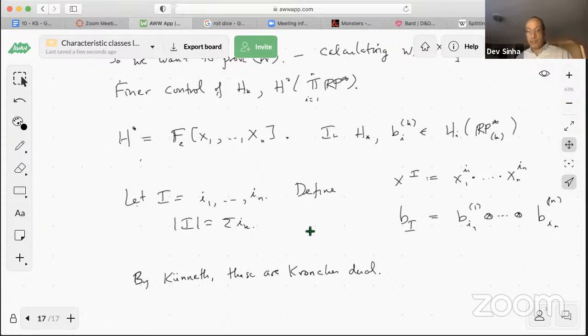And similarly, if I want to see what cohomology class I have on my hand, I can evaluate the cohomology class on the various b_I, and because these are Kronecker dual, the coefficient of x^I is going to be the value of my cohomology class, however I get it, on b_I.